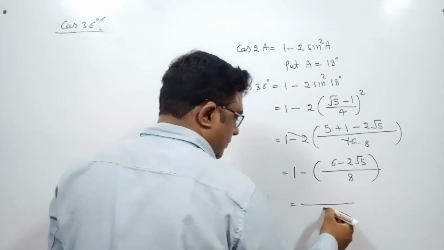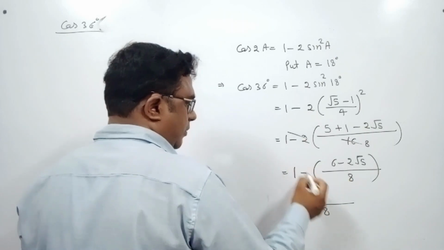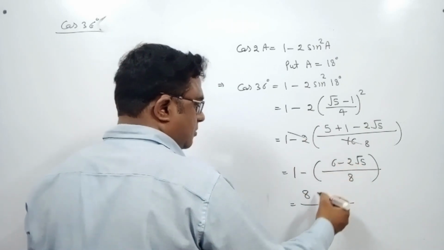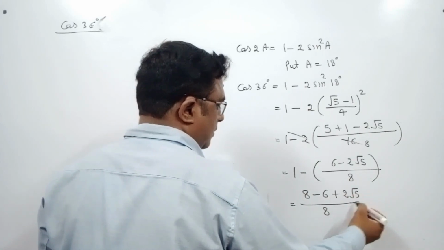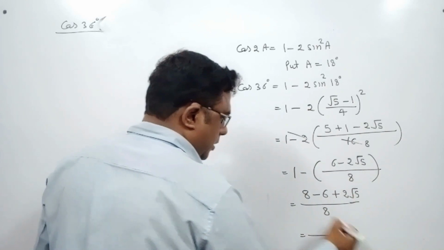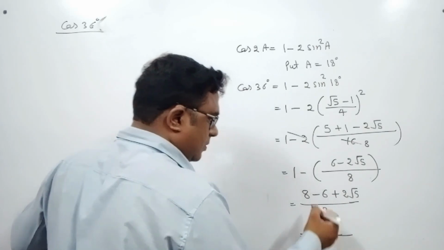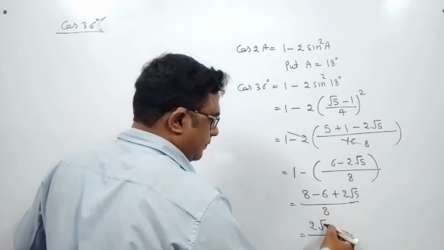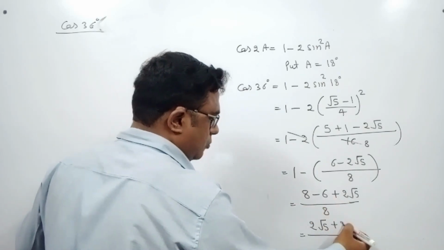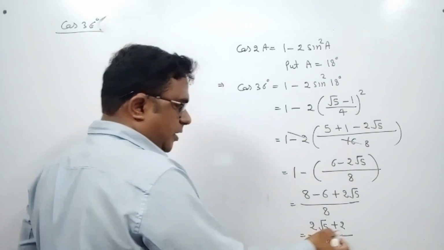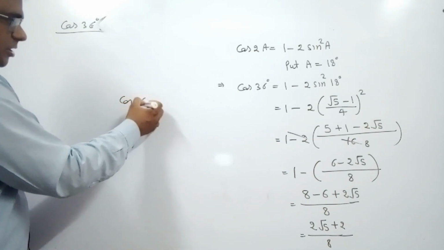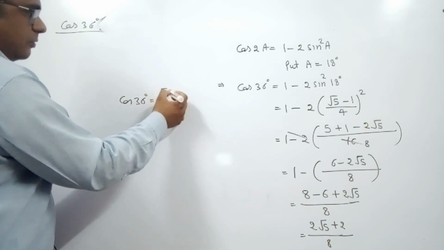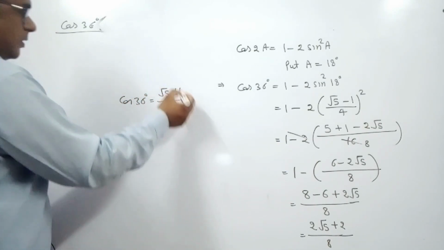Taking LCM, 8 will be the LCM, multiply 8 here and open this bracket, so minus 6 plus 2 root 5. 8 minus 6 is 2, so 2 root 5, upon 8. If I take 2 common and cut 8, then I will get cos 36 degree is equal to root 5 plus 1 upon 4.